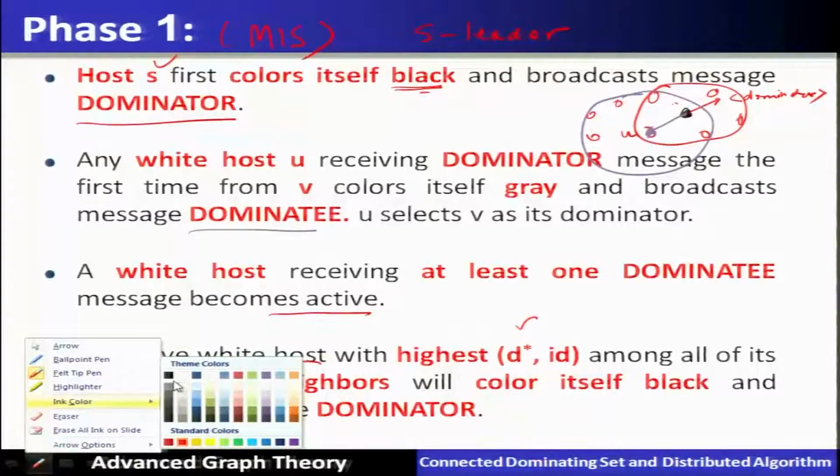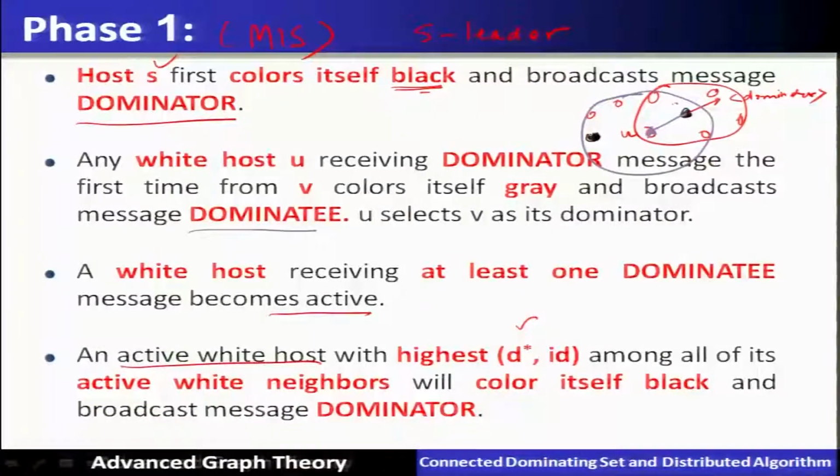Let us assume that this is the node having the highest degree, and it has colored itself black, and it will broadcast a message which is called a dominator.